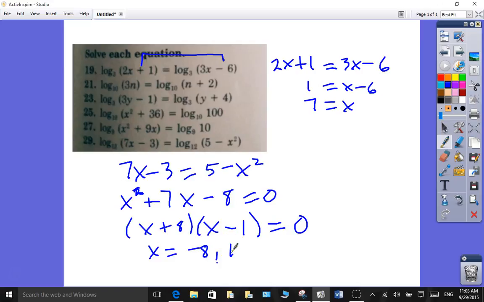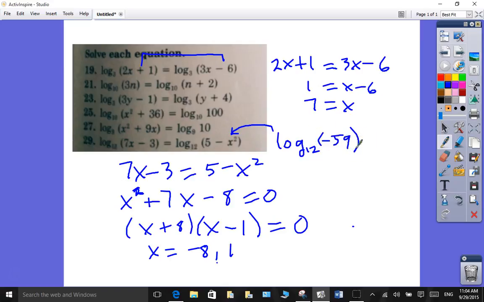Now with logarithms, you do have to check your answers by plugging back in and making sure that you're not taking the logarithm of a negative number. In this one in particular, if I plug in this negative 8 here, when I square negative 8, I get 64, which is going to give me a log base 12 of 5 minus 64, which is negative 59.